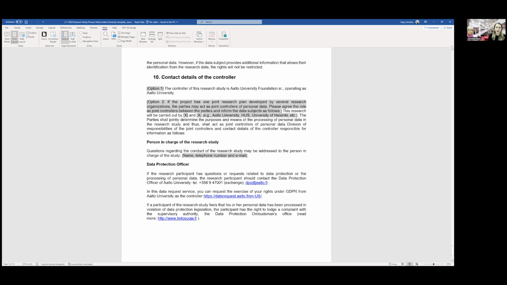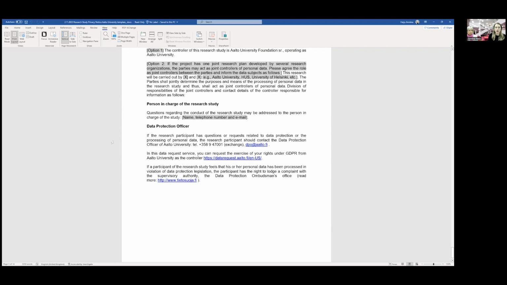If you act as joint controllers, for example, with the University of Helsinki or Helsinki Hospital, you would need to list those partners here. And we have a clause ready for you to use, which says that the parties will jointly determine the purposes and means of the processing, and therefore will act as joint controllers of the personal data. So this is a really simple section to fill in.